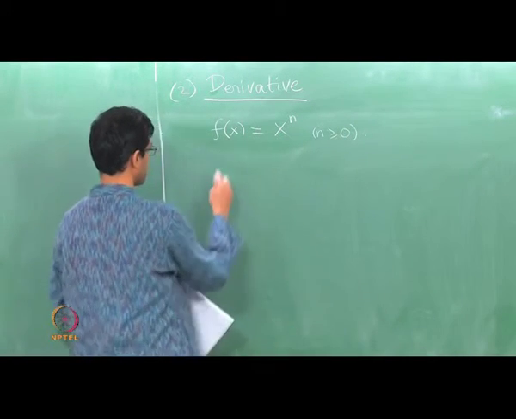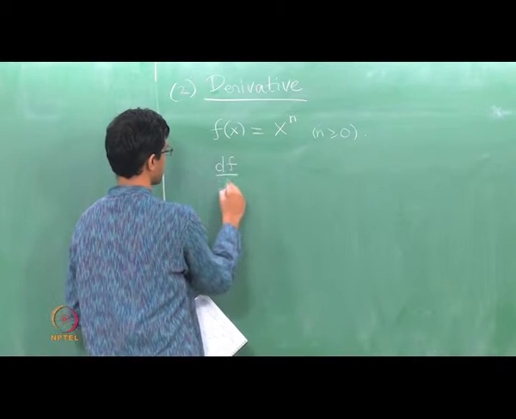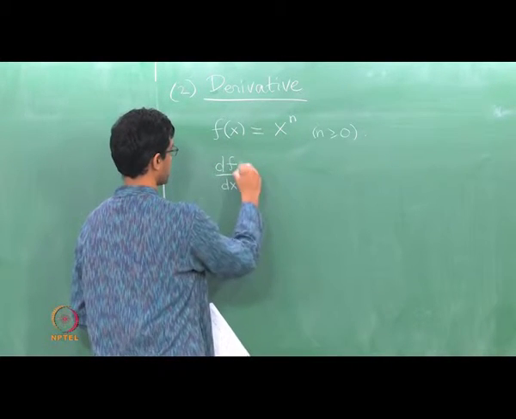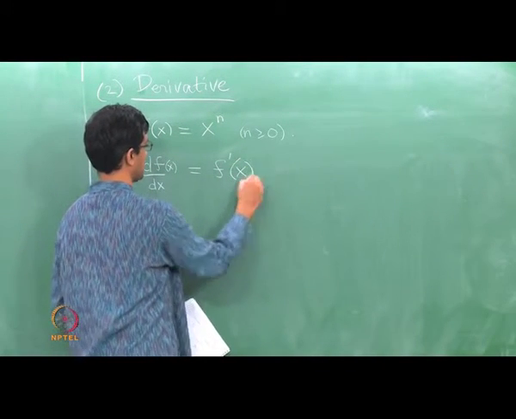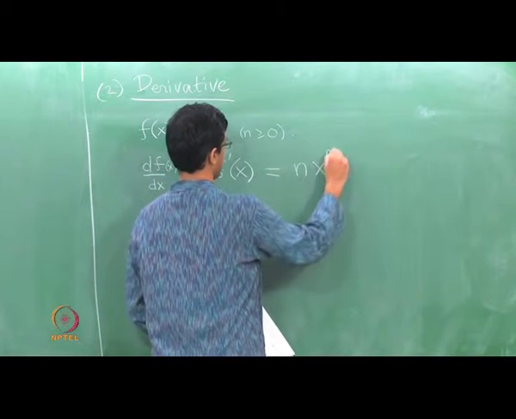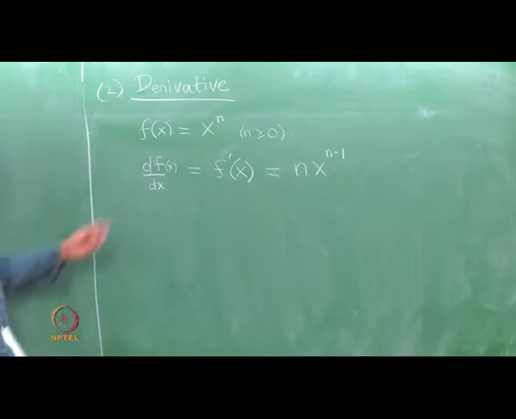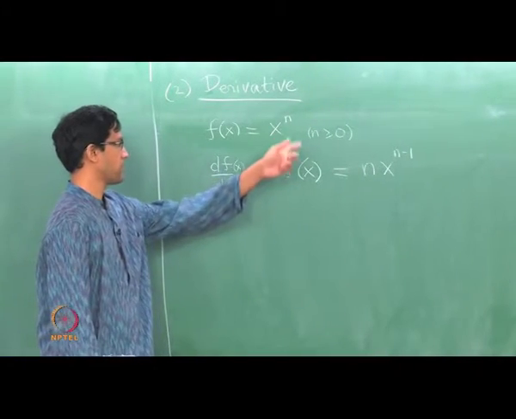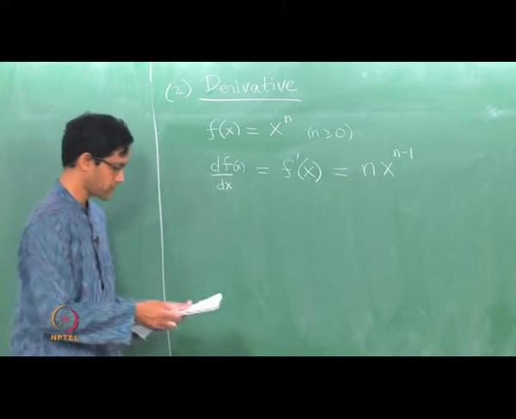The derivative of this polynomial, denoted either d by dx of f of x or as f prime of x, these are both just notations, is just n times x power n minus 1. Okay, so the derivative of a polynomial x power n is just nx power n minus 1. This is the usual rule for derivatives.